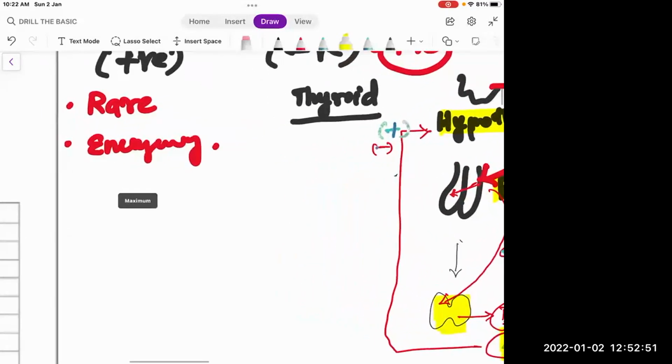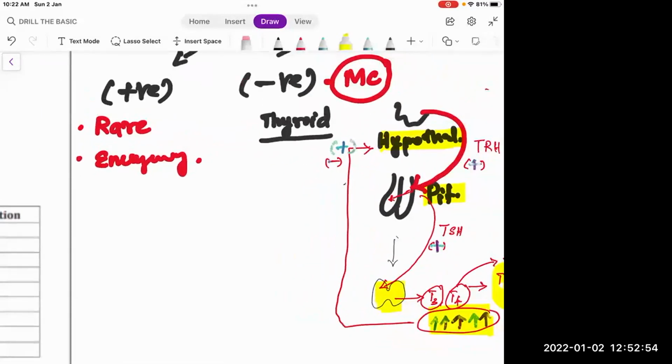Now moving on to the positive feedback mechanism. In the positive feedback mechanism, we will see the production of oxytocin. This is the hormone of the posterior pituitary gland. This hormone is produced especially at the time of labor.